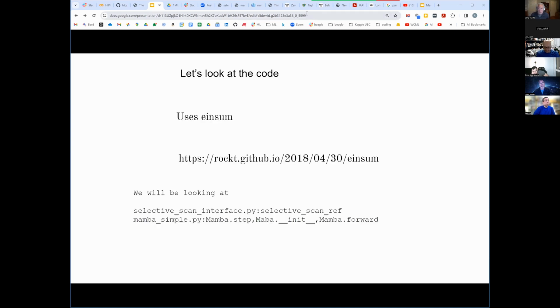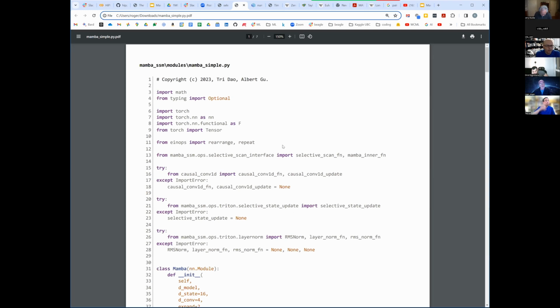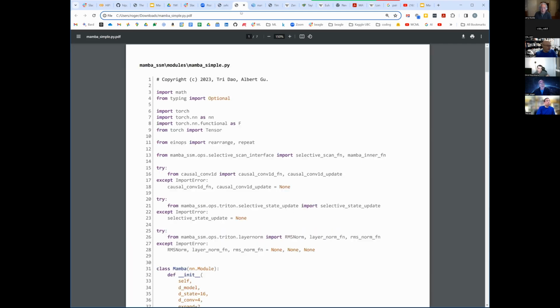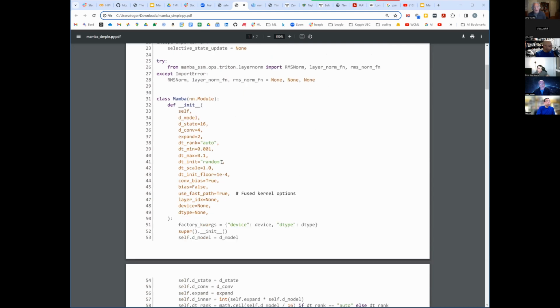So I think, let's see, where do I have this? Okay, so the two things we're going to look at are the Mamba simple, and then there's selective state update. So in here, they're defining the Mamba.